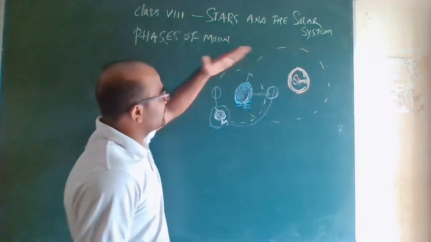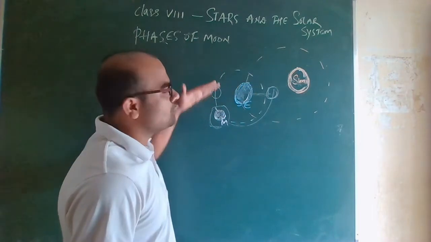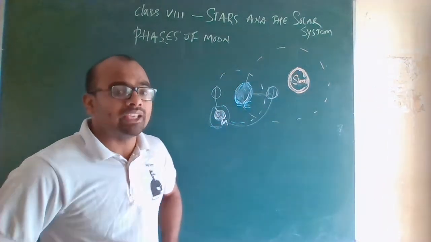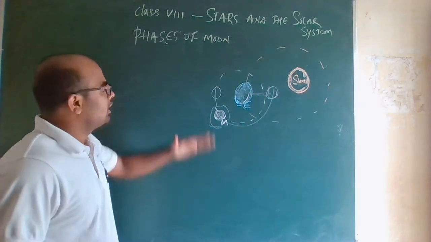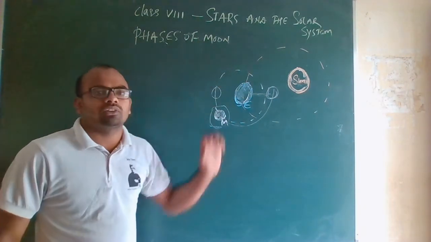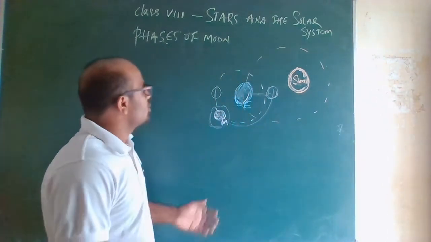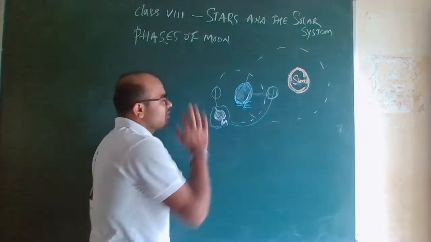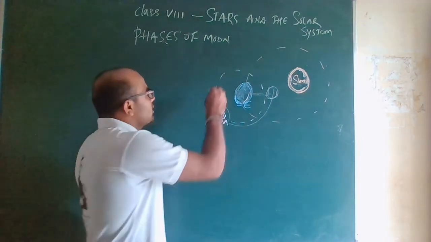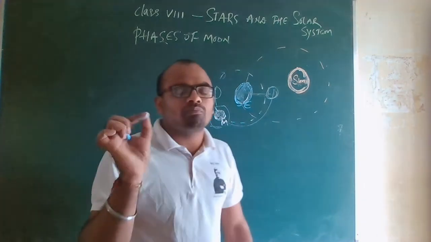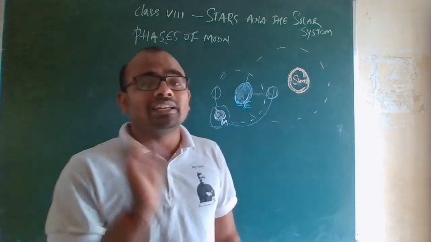Why can we not see the moon on Amavasya or new moon day? Because on that day the sun, earth and moon are on the same line, isn't it? We cannot see the reflection of sunlight from the moon. So we cannot see that, and after certain days, here or maybe here, some part of the moon starts appearing, only a little part.